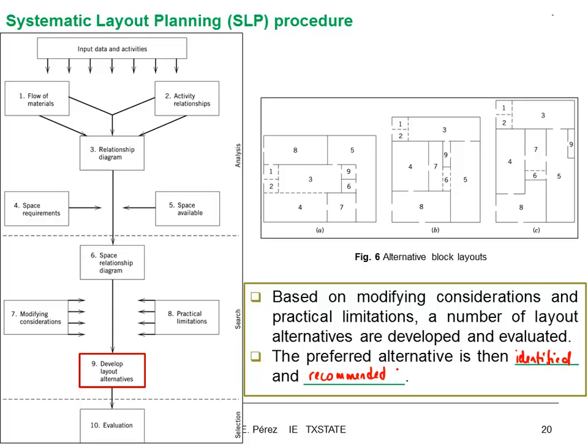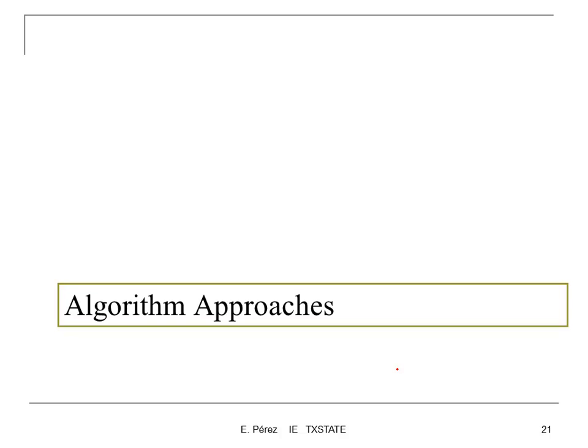But from these three designs, now we want to find out which one is the best. So we have multiple alternatives, but we don't know which one is the best. So that's why we need to find ways to make those decisions. And that's when the algorithmic approaches come into place. So we're going to use these algorithms to identify which design is the best.